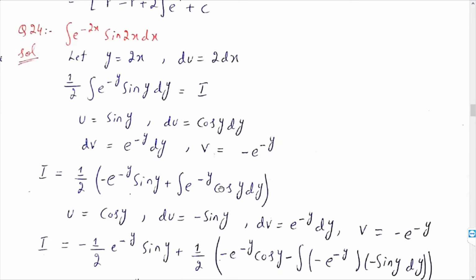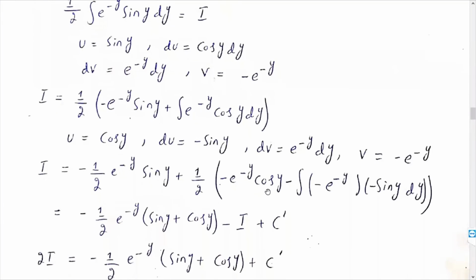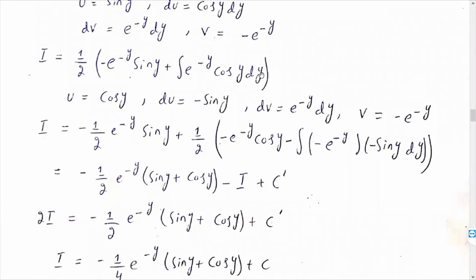Now we can see that on the right side, I'm once again getting an integral. So once again, I can apply integration by parts. So once again, applying integration by parts, let u is equals to cos y. So the derivative of u is minus sine y. The remaining expression comes under dv. Take the integral of this expression, you get v is equals to minus e raised to the power minus y. Now substituting all these values in the integration by parts formula, I get this expression.